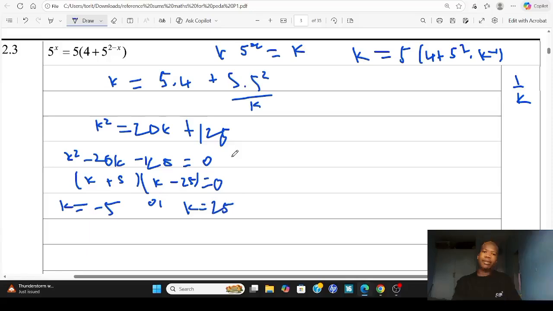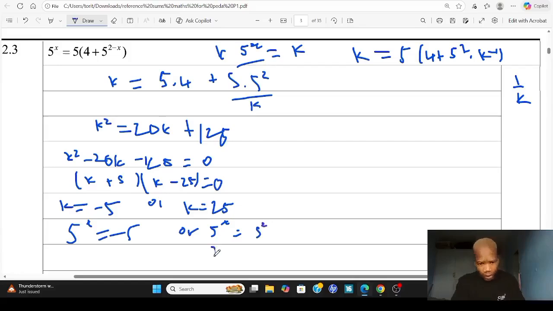Then we know that the value of k is 5 to the power x, right? So we say 5 to the power x is equal to minus 5, or 5 to the power x is equal to 5 to the power 2, right?